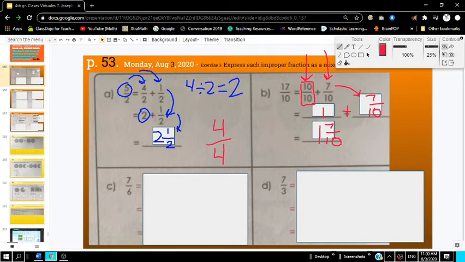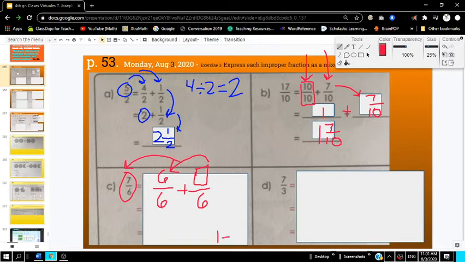All right, let's go on to letter C. Letter C says 7 sixths. Well, I know that I can break this up into our whole number, which is 6 sixths, plus some other fraction. What number plus 6 equals 7?